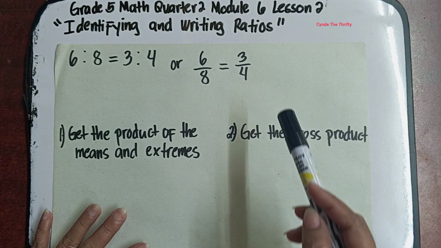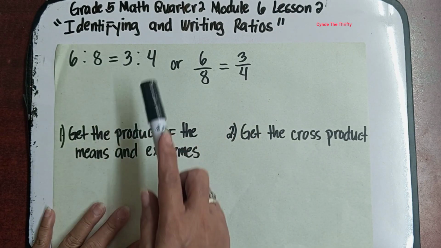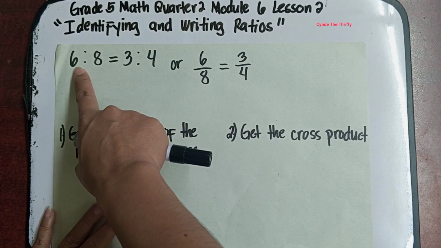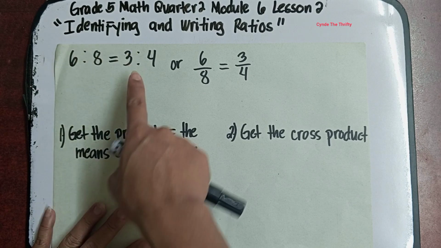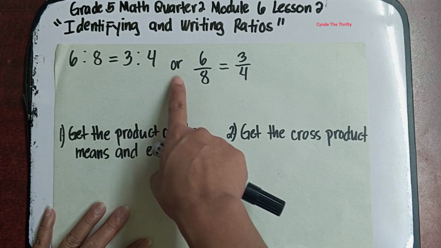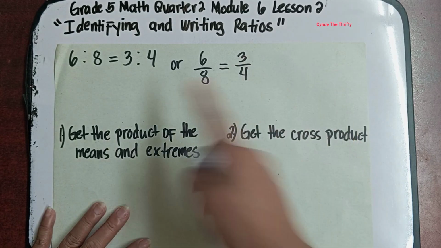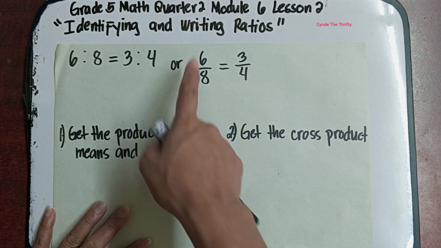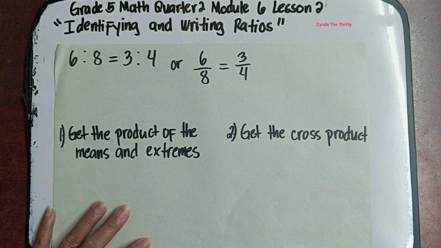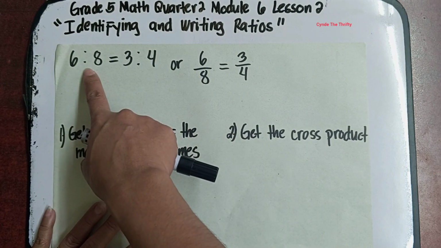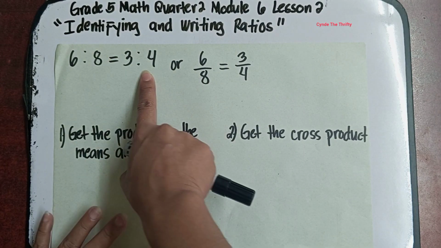Paano naman natin i-check kung ang ratio na ito is equal? Diba sinabi natin kanina na ang 6:8, ang kanyang equivalent fraction is 3:4. Or 6/8 is equal to 3/4. So, paano natin masasabi na equal itong dalawa? Okay, so ang gagawin natin is hahanapin natin ang means and extremes ng ating ratio.